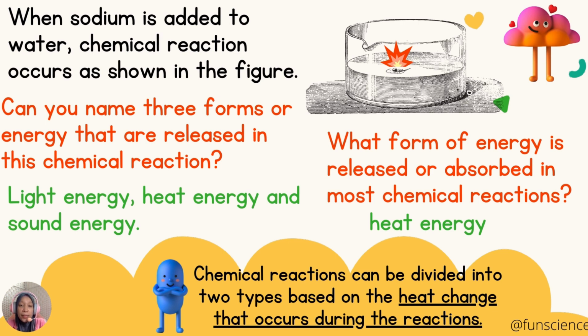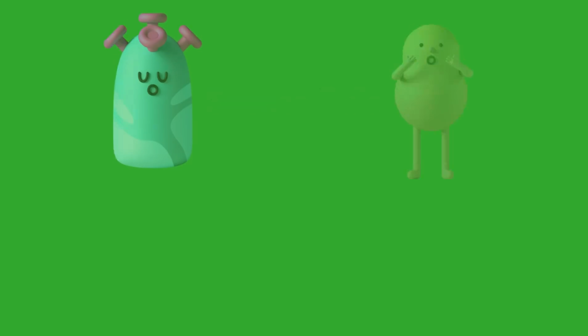The easiest energy to observe is the heat energy. So, this condition of releasing heat energy or absorbing heat energy will determine the type of chemical reaction, whether it is an endothermic reaction or an exothermic reaction.